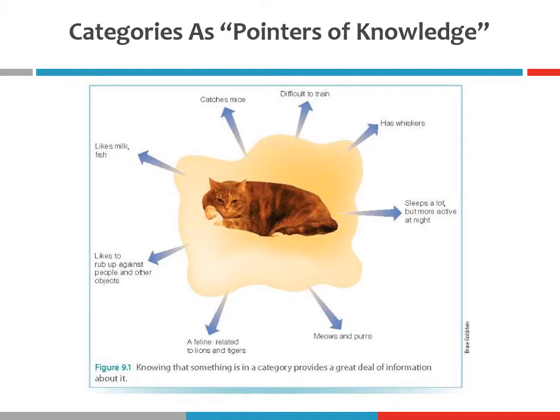If you see something that's been categorized as a cat, you know that it loves to catch mice, it likes to eat milk and fish. It's a feline, which means it's related to lions and tigers. It meows and purrs, etc. So right away, that category membership is going to tell you a lot about this particular cat, even though you've never seen this cat before.